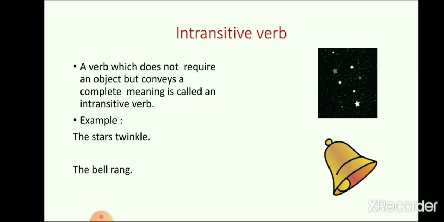No. So there is no object in the sentence. Only the subject and verb give you a complete meaning. So these types of verbs are called intransitive verbs. The bell rang. The bell is the subject, rang is the verb. Is there any object? No. But this gives a complete meaning. So these are called intransitive verbs.